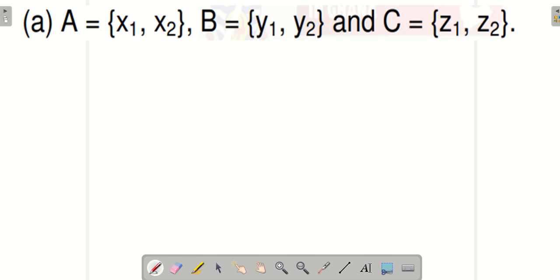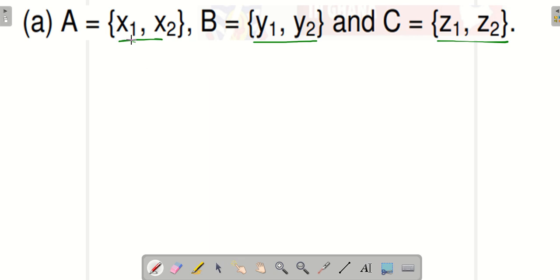Now, before we find the Cartesian product, we can make a rough work. Remember that the first set contains 2 elements, the second set contains 2 elements, and the third set contains 2 elements. So by all means, we know that because we are dealing with the Cartesian product of 3 sets, it is going to be A to the power.